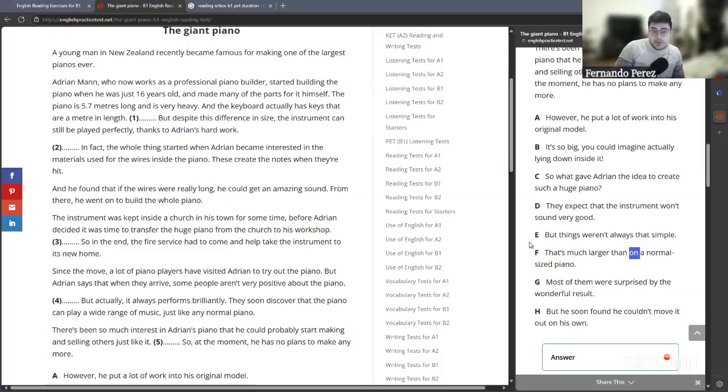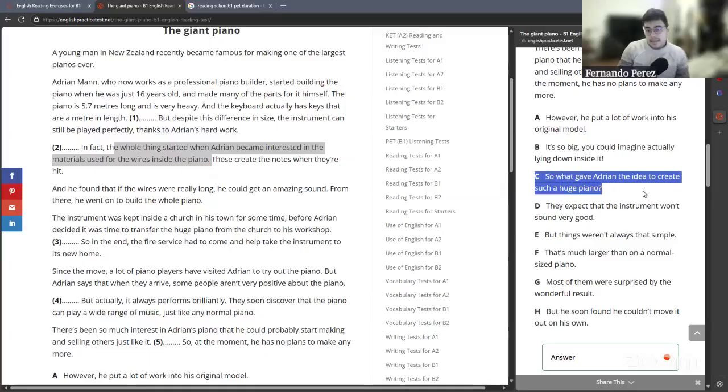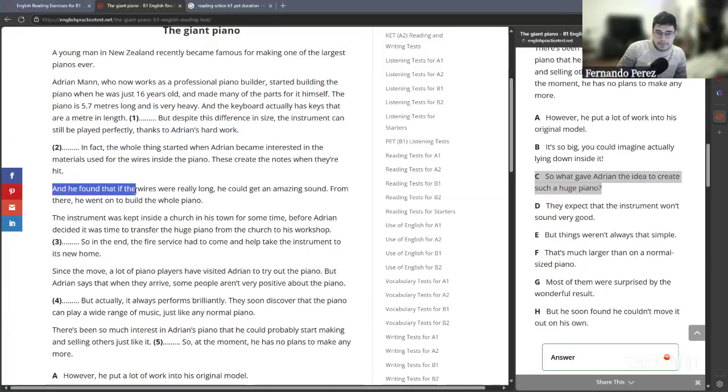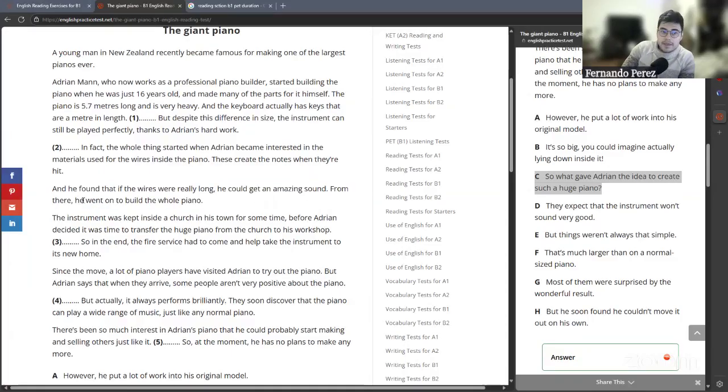For number 2, this is the answer to this question. So my tip would be, if you see a question in the options, find the answer in the text. Okay. The next one. Open glossary, guys.